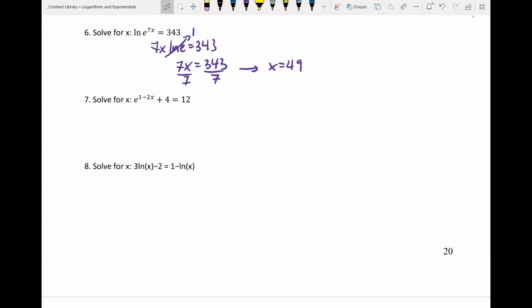For our next example, we want to solve for x. I'm going to isolate the e to the power of 1 minus 2x by subtracting 4 on both sides. And then I'm going to take the ln of both sides and then bring my exponent down.